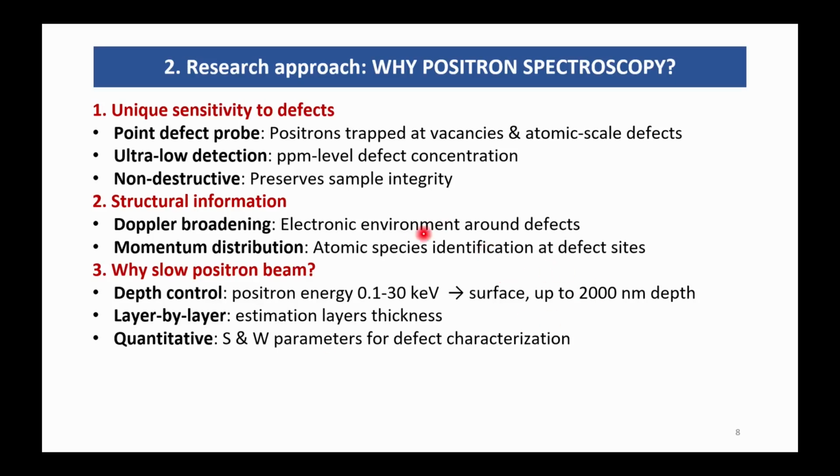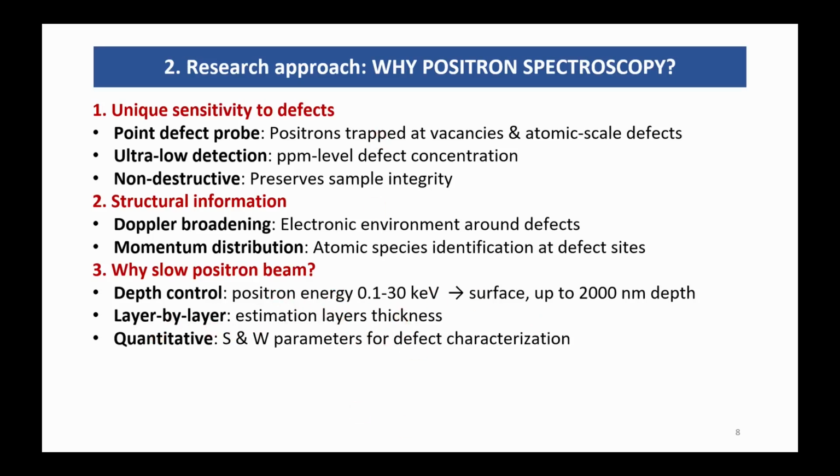So why a positron beam? With a positron beam, we can control the positron energy from 0.1 to 30 keV. That means you can control the depth of the positron inside the material from the surface up to 2,000 nanometers of depth, and you can estimate layer thickness.